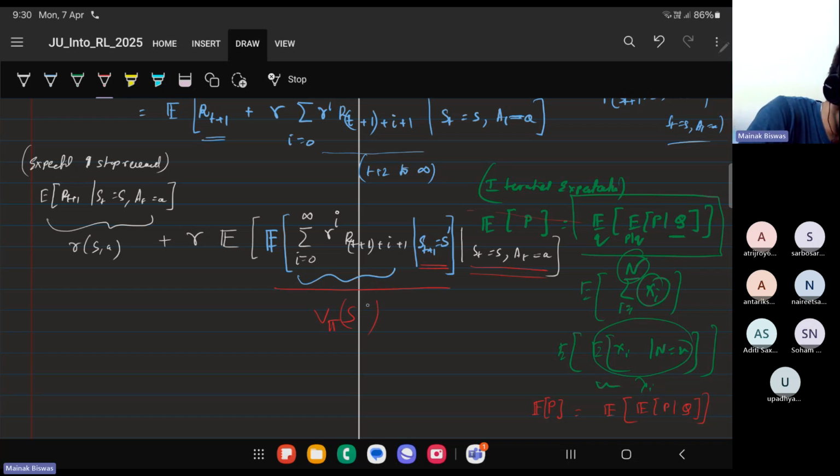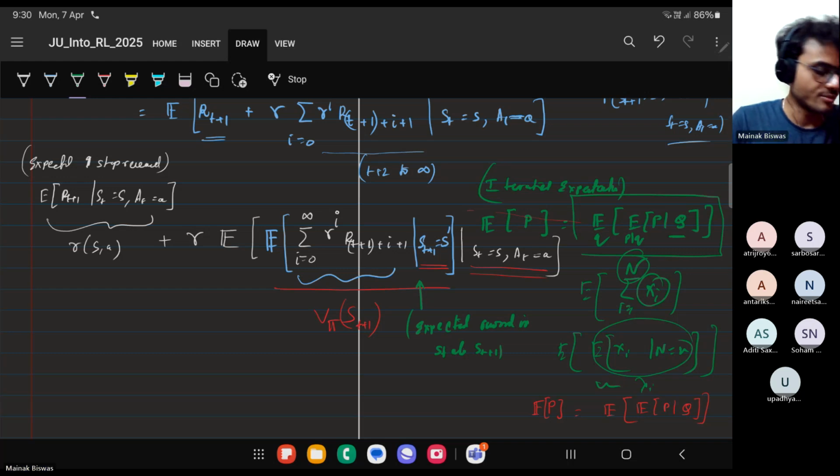Or V pi of ST plus 1, whatever you want. This is the expected reward in state ST plus 1. Any questions? Because after this everything is algebra. This is the only step for the Bellman equation derivation.